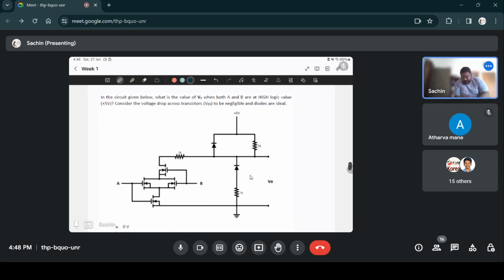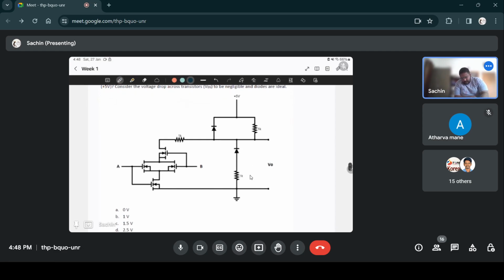Question 6. The circuit given below, what is the value of Vout when both A and B are at high logic value? Consider the voltage drop across transistors, that is the VDS, to be negligible and diodes to be ideal. What will it be?